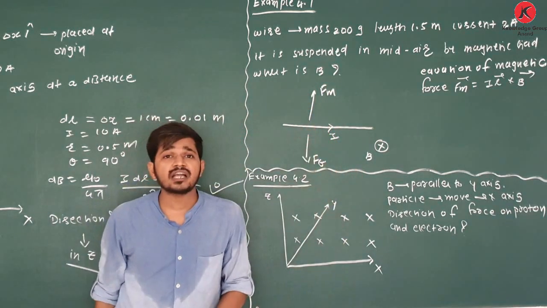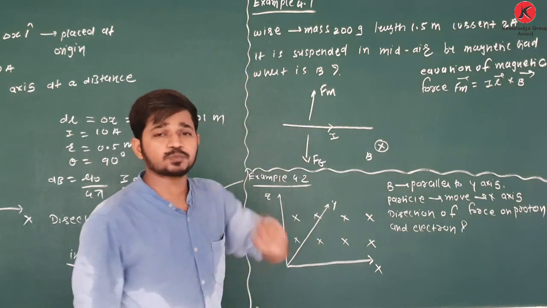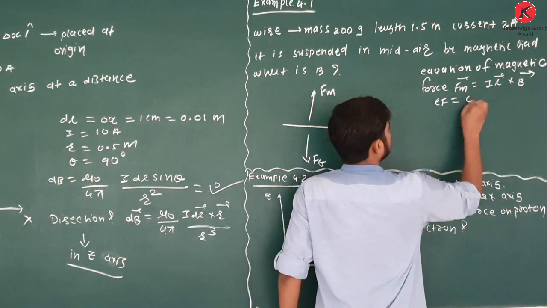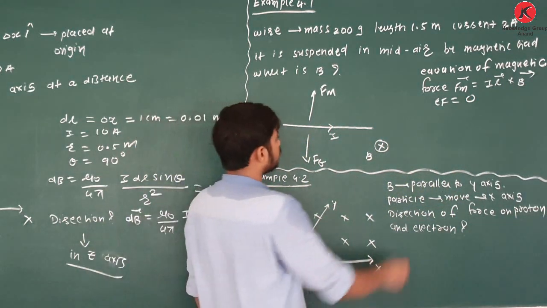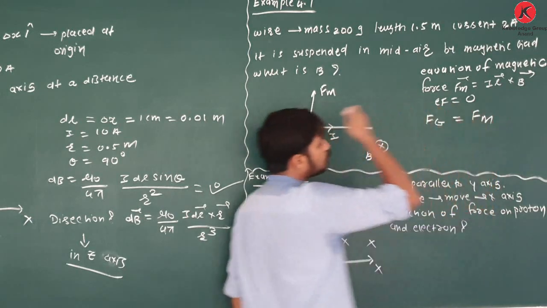See, gravitational force is downward and magnetic force is upward, and as the wire is suspended in mid-air, it means sigma F, the resultant force acting on it, is 0. The two forces have the same magnitude and opposite direction.